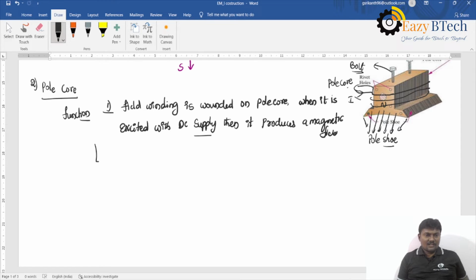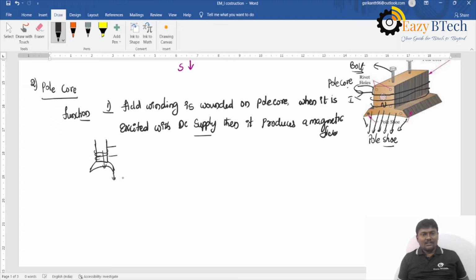Why is the shape of the pole shoe like this? If you wind the winding on the pole core, there is no mechanical support, and the windings easily come out from the pole core.